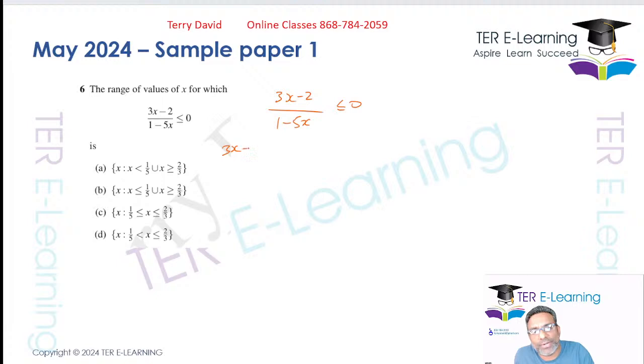So this is (3x minus 2) over (1 minus 5x), multiplied by (1 minus 5x) squared. On the right hand side you're doing the same thing; you don't normally write it, but that's what you're doing here. So on the left hand side you end up with (3x minus 2) multiplied by (1 minus 5x), and this is going to be 0 on the right hand side.